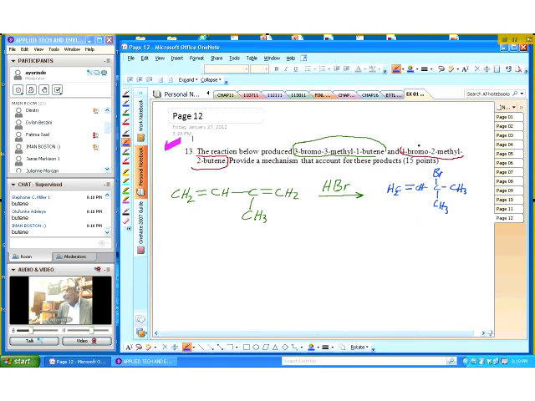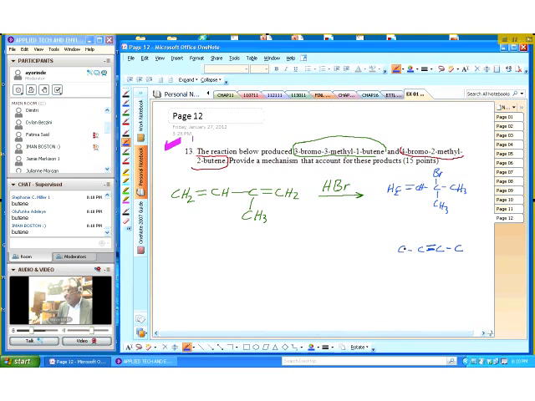And then the other product is this, 4-bromo-2-methyl-2-butene. Once again, the base name is butene, so let us write that. 1, 2, 3, and 4. Now they say 2-butene, so this is carbon number 2. We place the double bond right here.